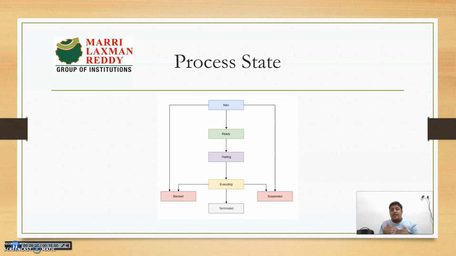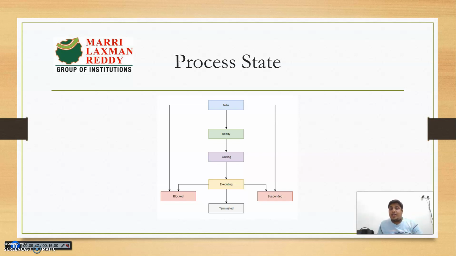After ready, we will have something called waiting time. After waiting time, we have to wait for the response for an execution. Once there is a proper response of execution from the kernel shell, then we call it terminated.